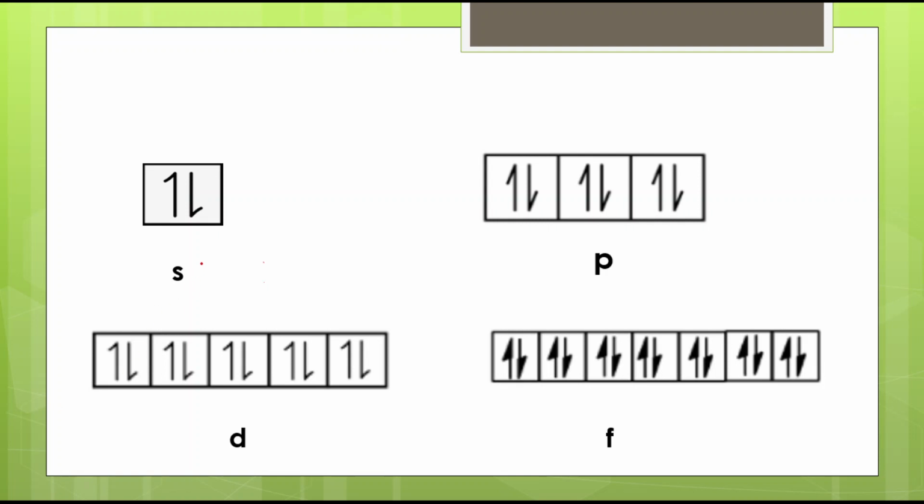So S consists of 1 orbital, P consists of 3 orbitals, D consists of 5 orbitals, and F consists of 7 orbitals.